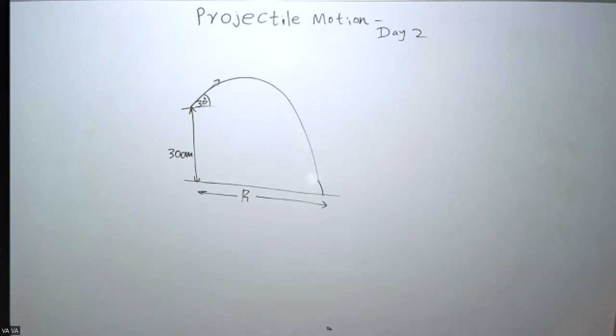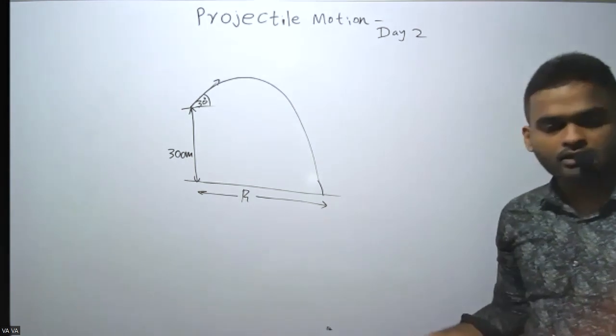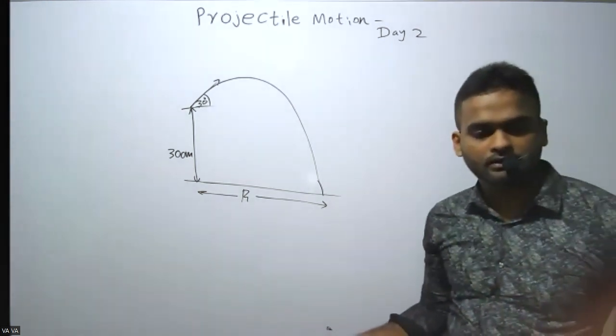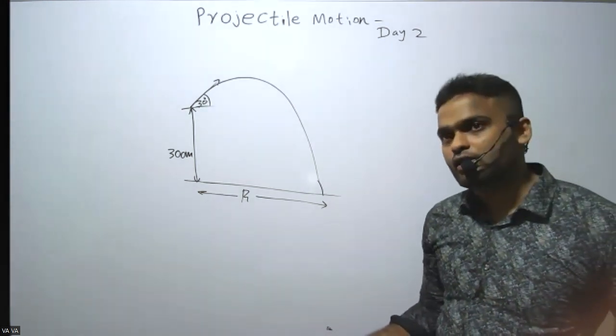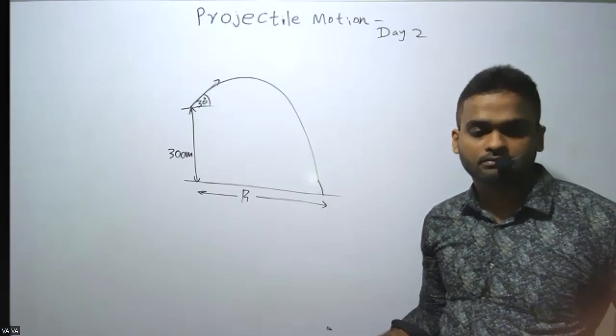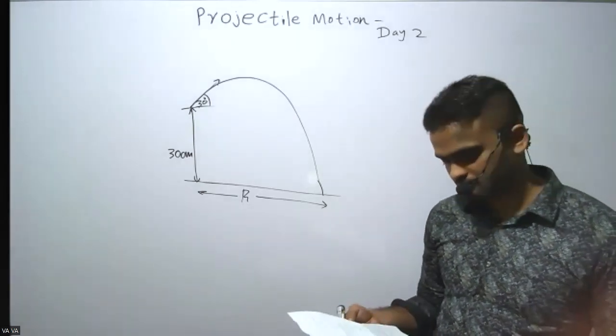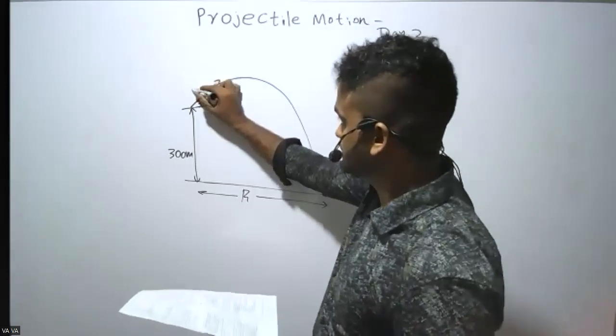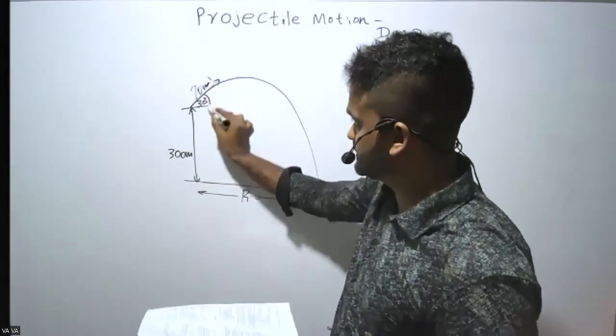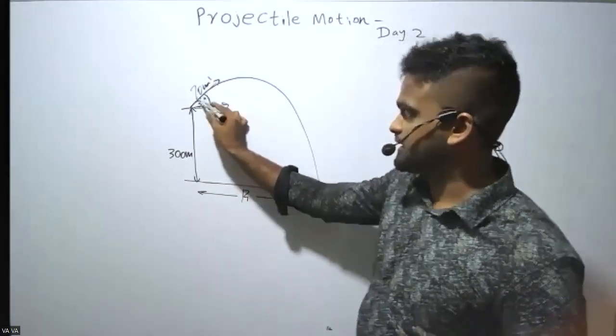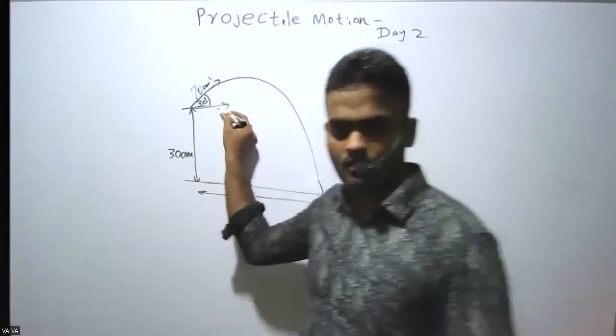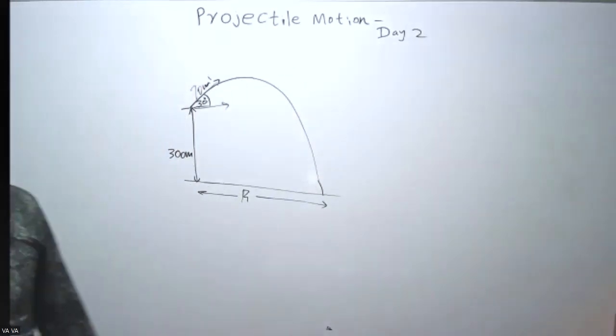In order to find capital R, you have to apply S equals ut horizontally, but before that you need to find the time. 70 meters per second to this side, 70 cos 30, is the horizontal initial component.